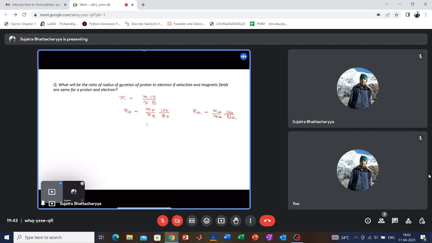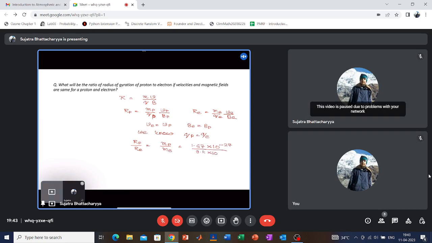Now given that VE is equal VP, BE is equal BP, and we know that QP is equal QE. We know this. Therefore, what is RP by RE is nothing but MP by ME, isn't it? And we know that this is 1.67 into 10 to the power minus 27 kgs. This is 9.11 into 10 to the power minus 31 kgs.